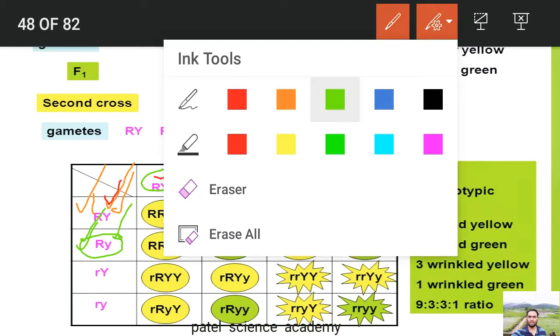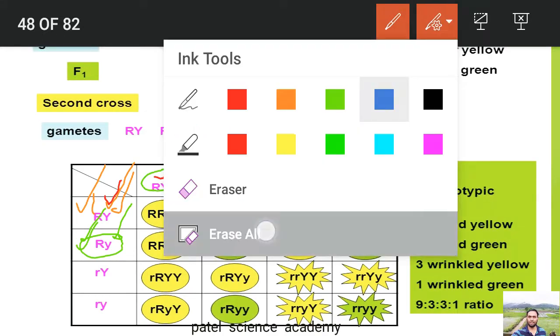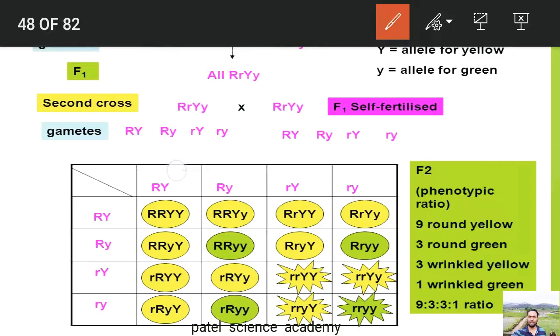Likewise, the next one: this capital R capital Y with this will make capital R small r, capital YY. Then this one with this will make capital R small r, capital Y small y.